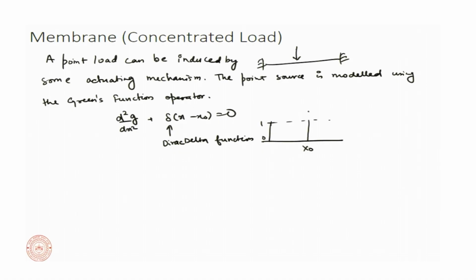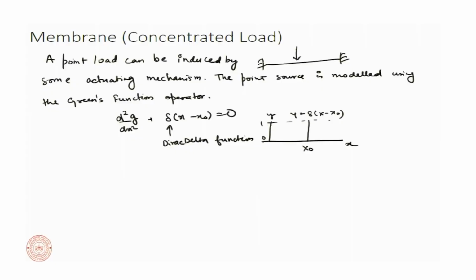So this is our delta of x minus x naught, this is y and this is x. We have 1 at the point of the load, and everywhere else it is 0.